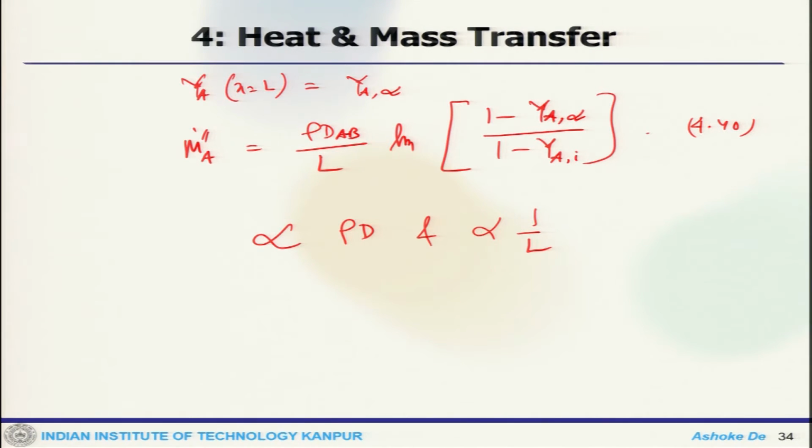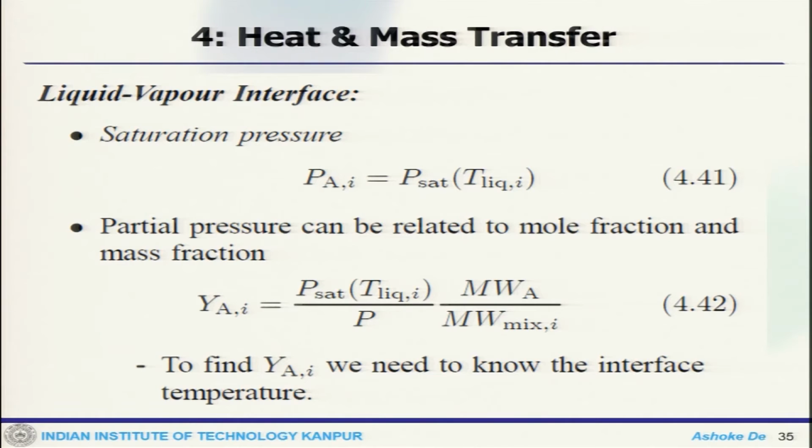Now, what happens at the liquid vapor interface? So, we need to look at that, because that is a situation where both liquid and vapor are there. So, one is the saturation pressure. So, P A I would be P saturation of that liquid. Now, we can correlate the partial pressure to mole fraction and mass fraction.